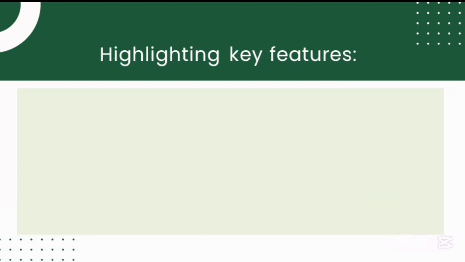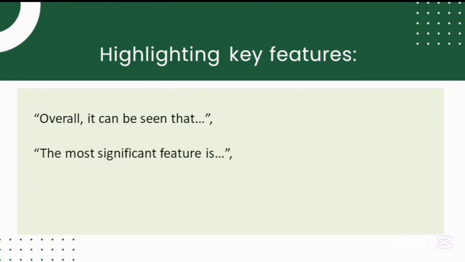If you want to highlight key features, you might use overall. It can be seen that the most significant feature is, or the least significant result is, so you show a point whether it is the most or the least.